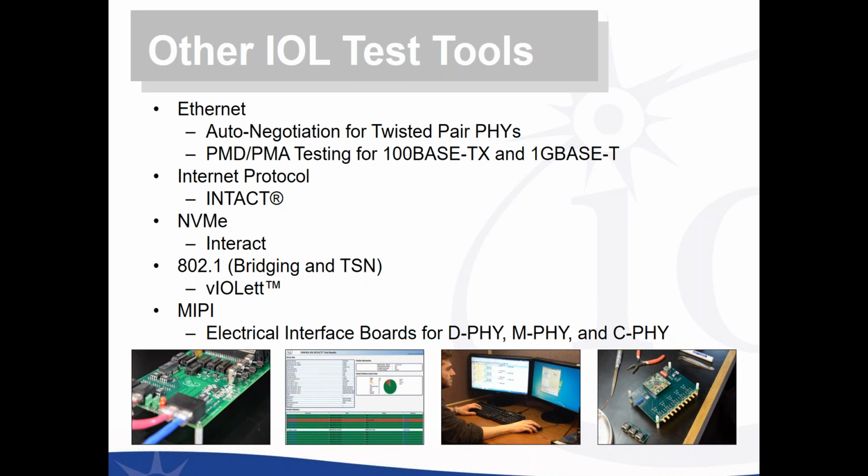In the 802.1 bridging and time-sensitive networks area, as well as in the audio-visual bridging space, we have a test tool called Violet, which helps do detailed analysis, triggering, and sending of frames for audio-visual bridging, pro audio, and automotive applications. And finally, we also have custom electrical test boards available for MIPI PHYs, specifically for DPHY, MPHY, and CPHY.